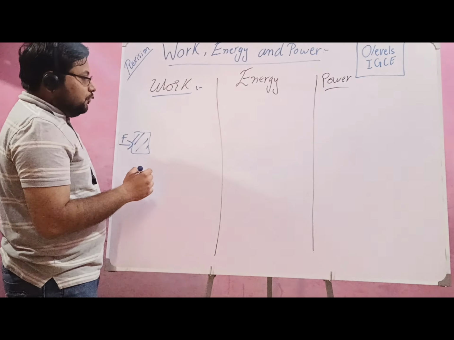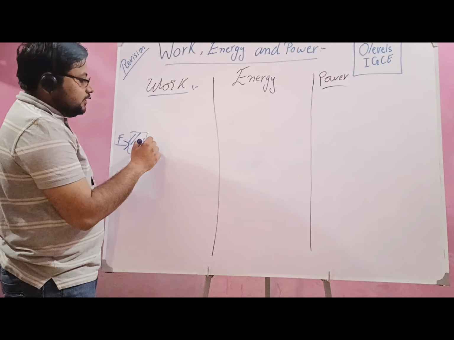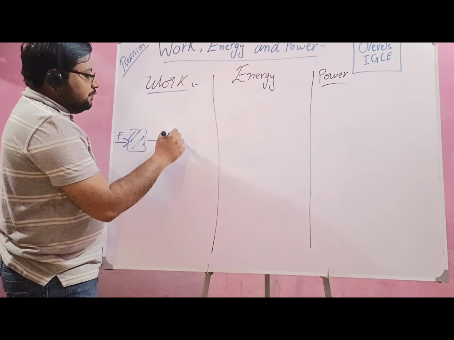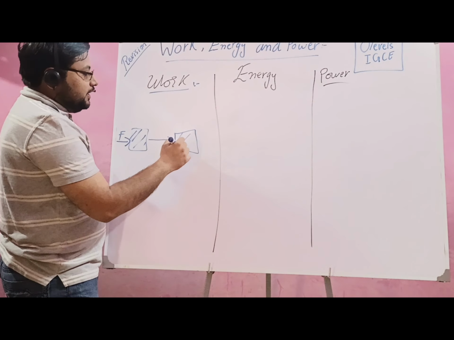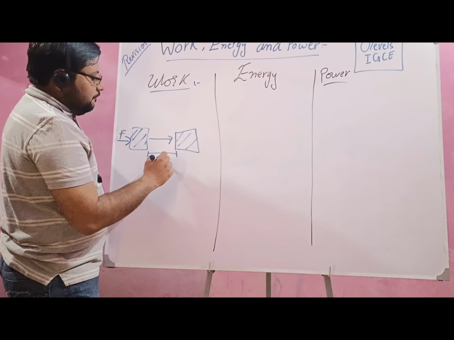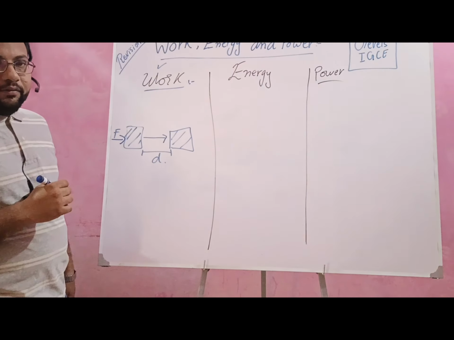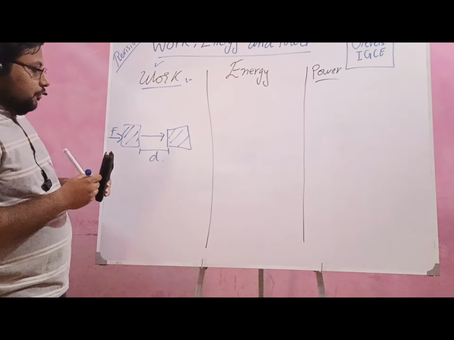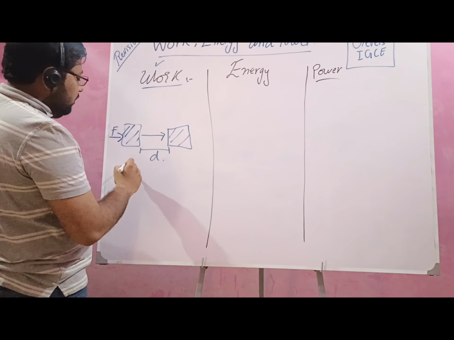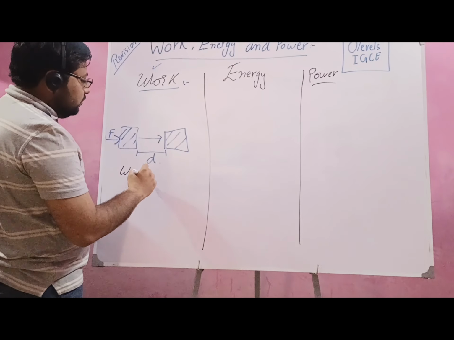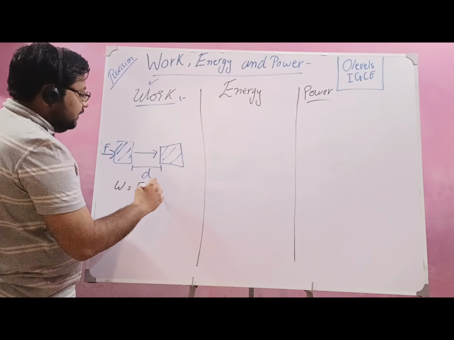When this unbalanced force acts on the object, it is displaced, it covers some distance. When it covers some distance, we say that work is done. The formula for work will be W is equal to F multiplied by d.